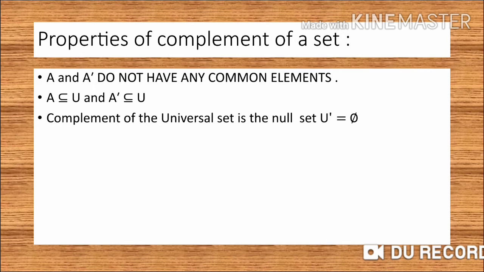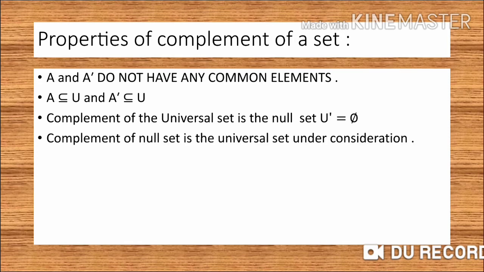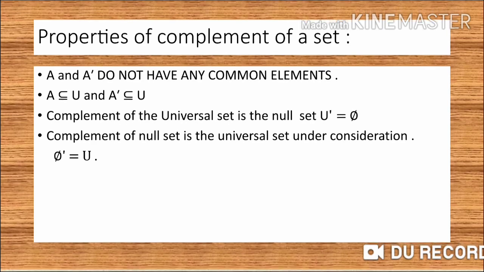Complement of universal set is an empty set. Therefore, U complement is equal to phi. Complement of a null set is the universal set under consideration. Therefore, phi complement is equal to U.